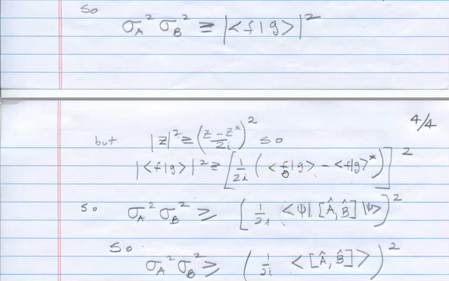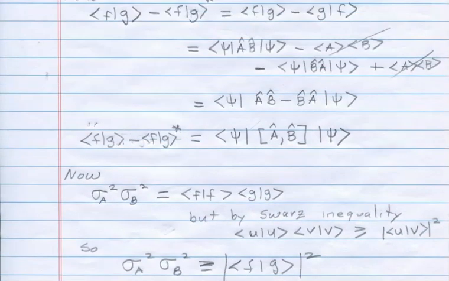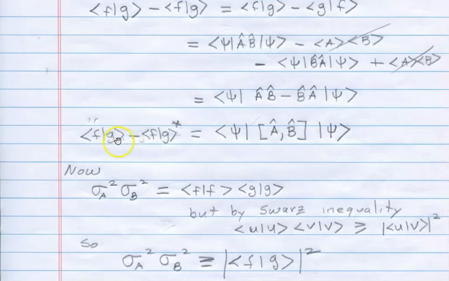F bracket G minus F bracket G star, well, that was equal to this. That was what we just calculated. So I can substitute for what's inside there the expectation value of the commutator.